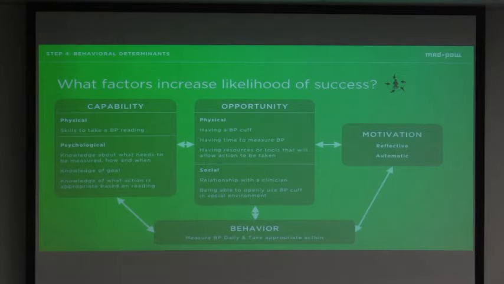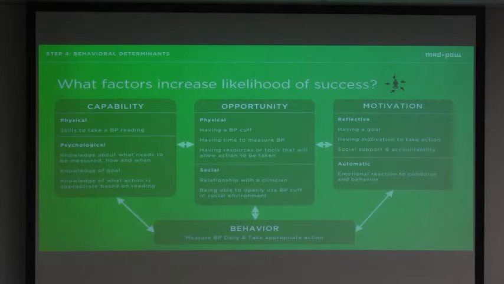When thinking about the opportunities for this specific behavior, the person needs to have a blood pressure cuff, time to measure blood pressure, and resources or tools that would allow action to be taken. Social opportunities, definitely a relationship with a clinician, is a significant factor affecting the likelihood of success, as is being able to openly use a blood pressure cuff in a social environment. And there are motivational factors that would increase the likelihood of success of our interventions, such as having a goal, both for behavior and for the outcome.